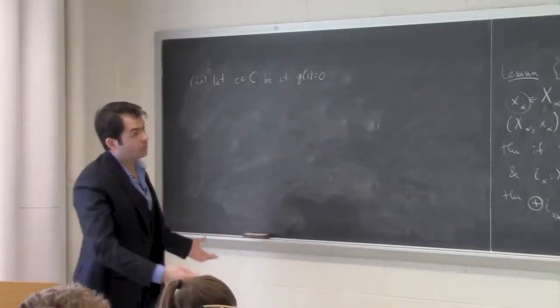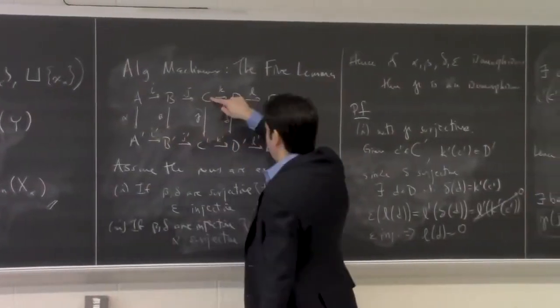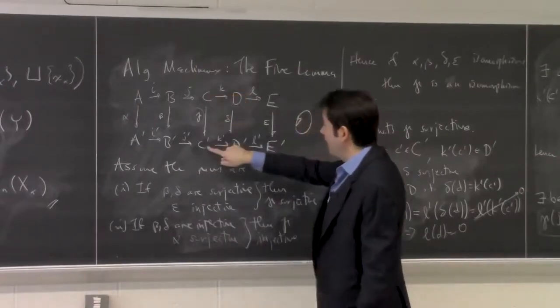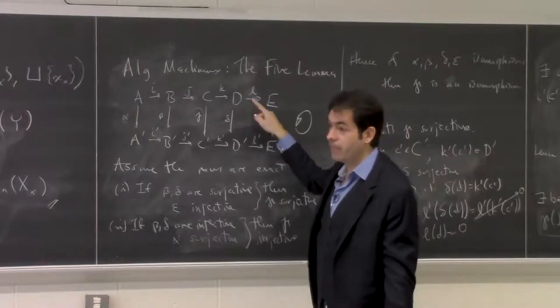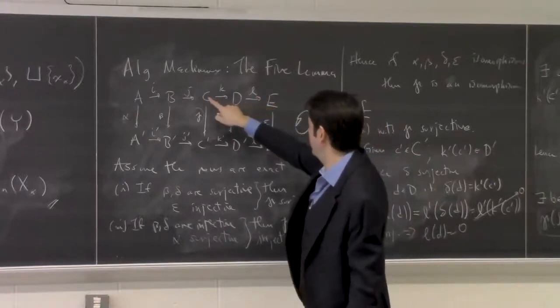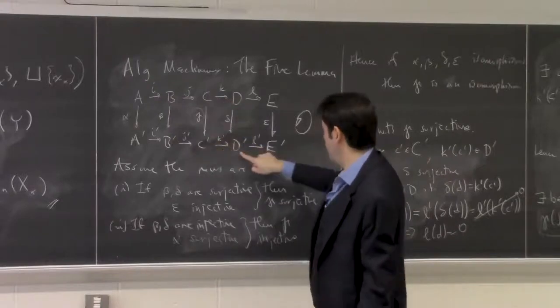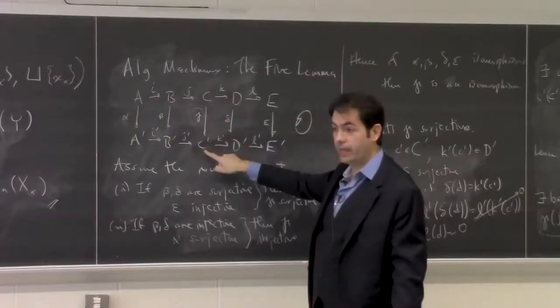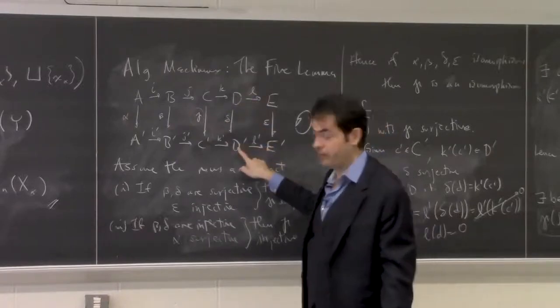OK, so again, you just have to follow your nose. We're in C. If we go down, we get 0. So the only thing we can do is go to the right. Right? And we know that if you were to go here and here, it would be the same as going here and here. And since you got 0 going down, you get 0 going here. So it must be that this gives us 0. Right?